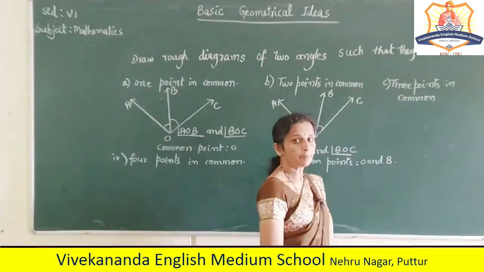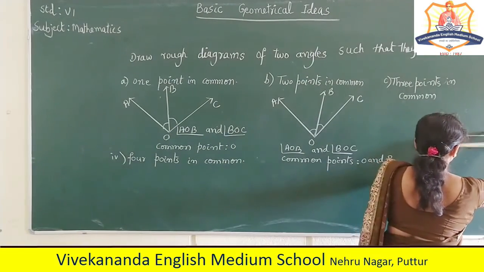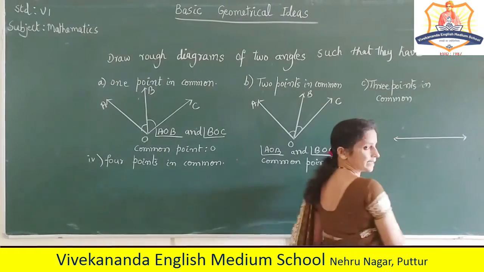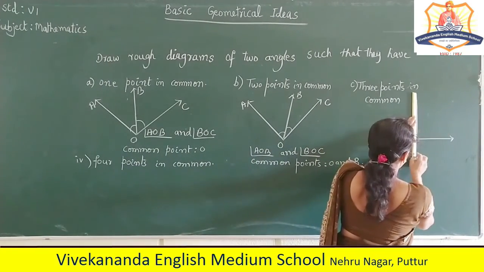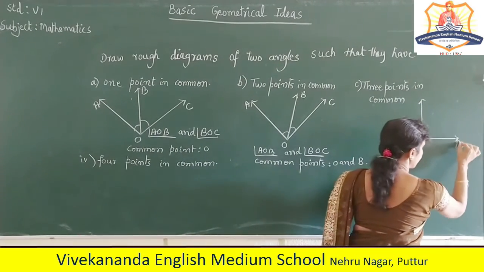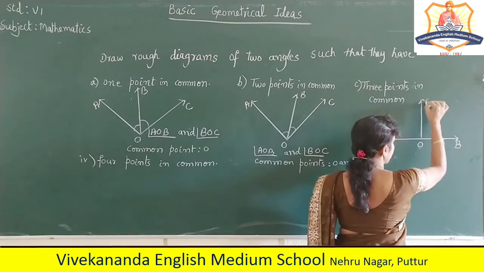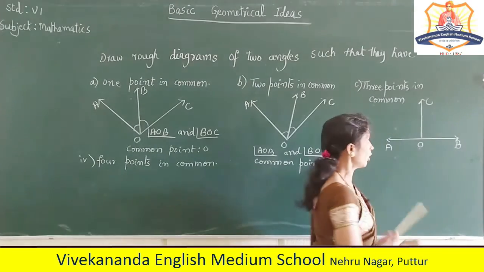Third one, 3 points in common. This is one straight line, and here there is one ray. Now this straight line, let it be AB, and this ray let it be OC, and there should be 3 common points.